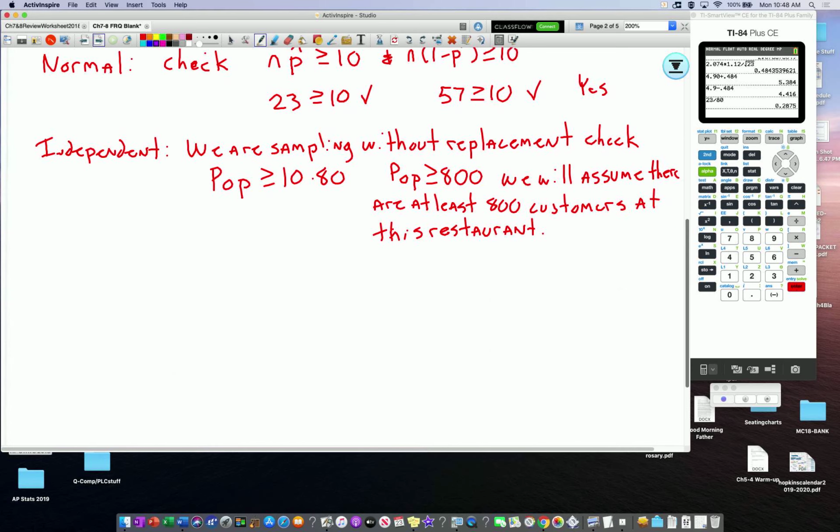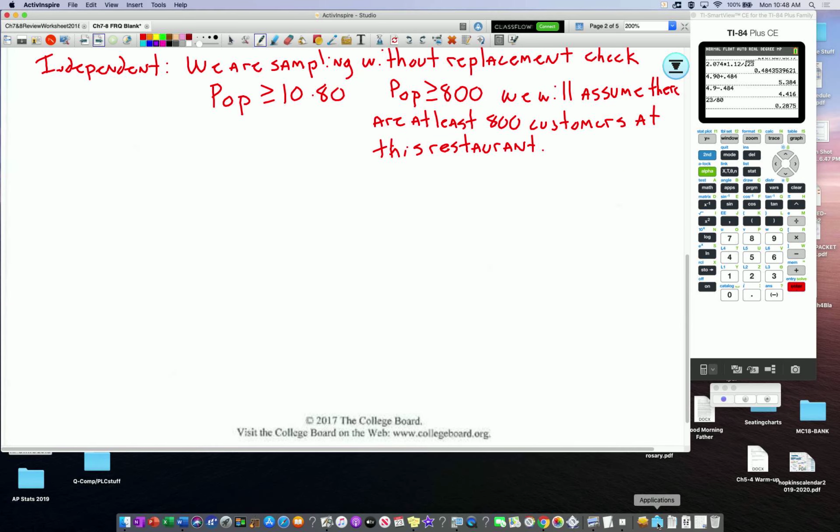So I've taken care of my conditions. Now I'm actually going to calculate my interval: p hat plus or minus z star times the square root of p hat times 1 minus p hat over n. Remember, p hat from up top was 0.2875.